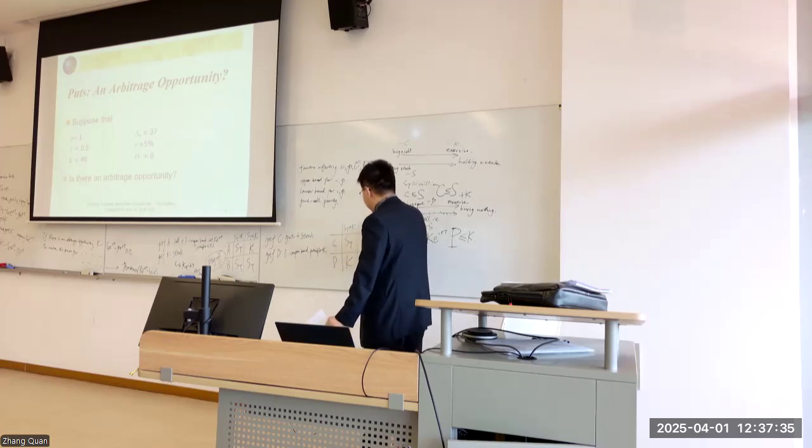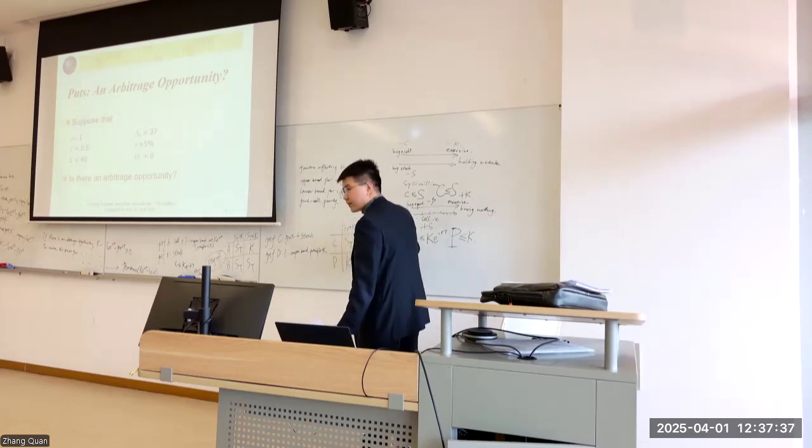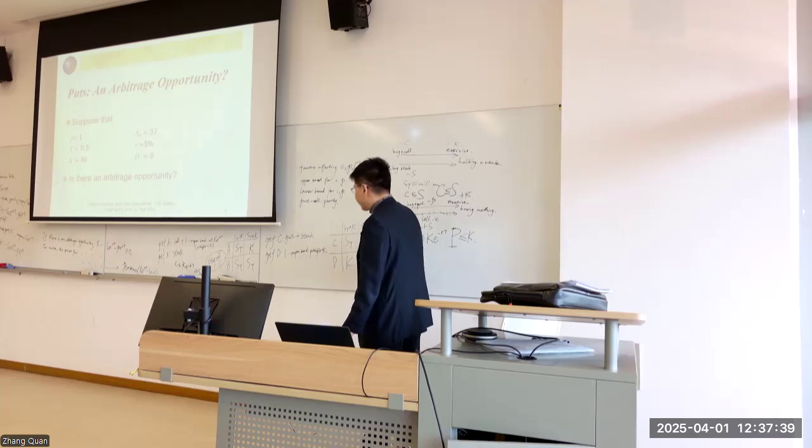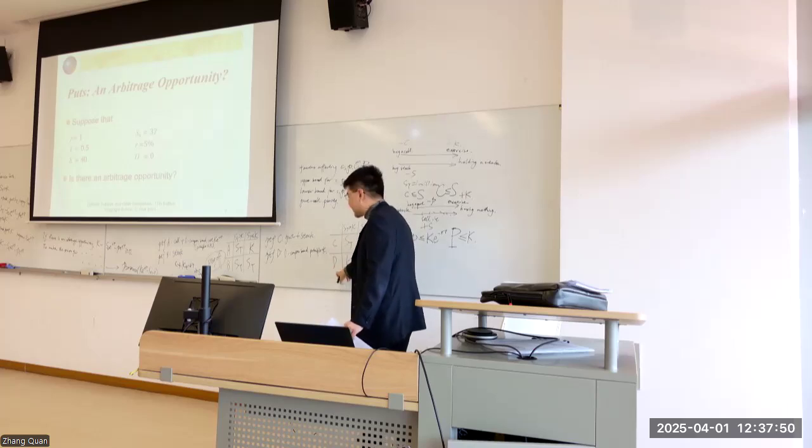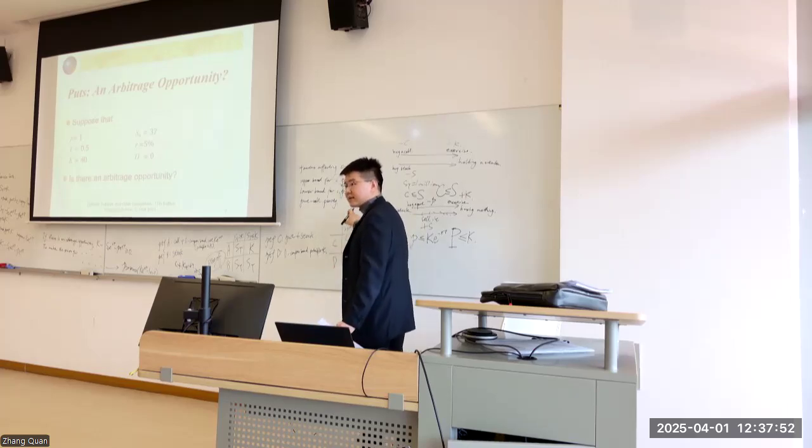C and D under the worst scenario have the same outcome. But under the better scenario, ST larger than K, that means this one is larger than this one. Means C performs better than D under the better scenario.